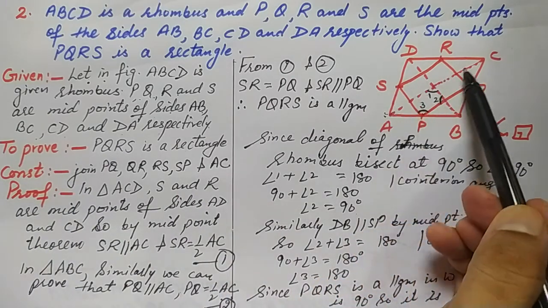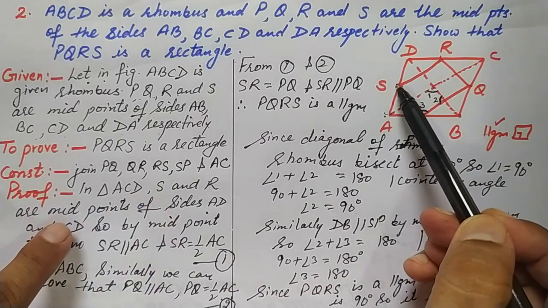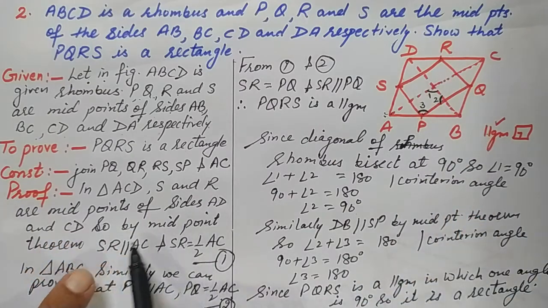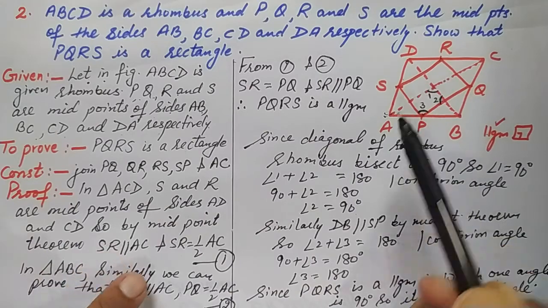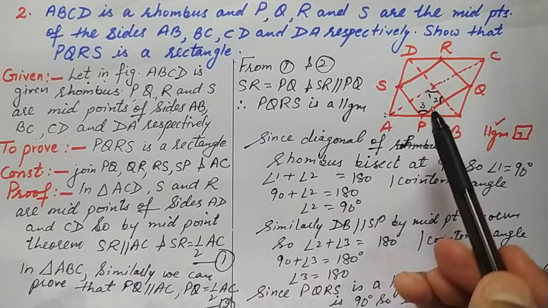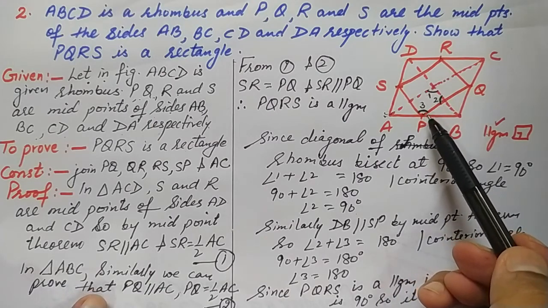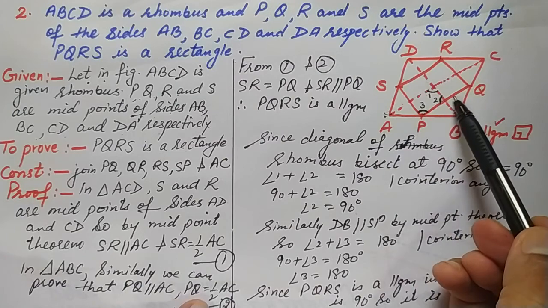In triangle ACD, S and R are midpoints of sides AD and CD. So by the midpoint theorem, SR is parallel to AC and SR is half of AC. This is number one. Similarly in triangle ABC, PQ is parallel to AC and PQ is half of AC.